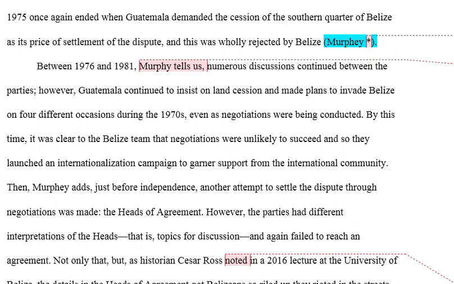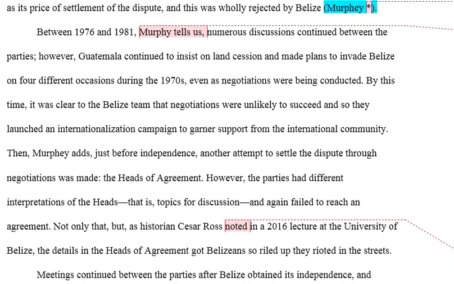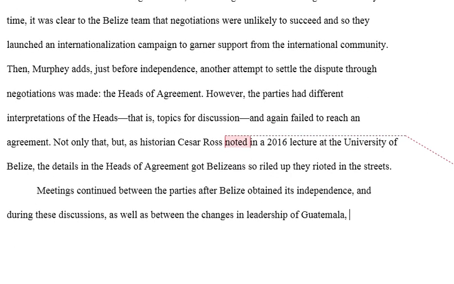However, again, there are exceptions to these rules of thumb, and you must consult with your instructor to find out which conventions are appropriate in the writing situation that you're currently working in. Good. Here, in citing a lecture by Cesar Ross, this student, you notice, uses the past tense this time.